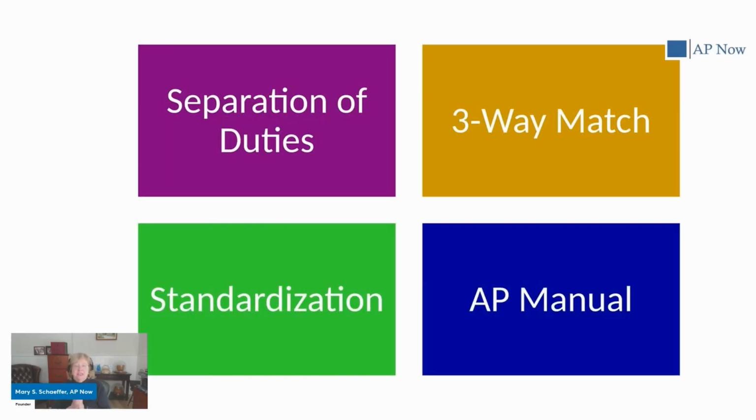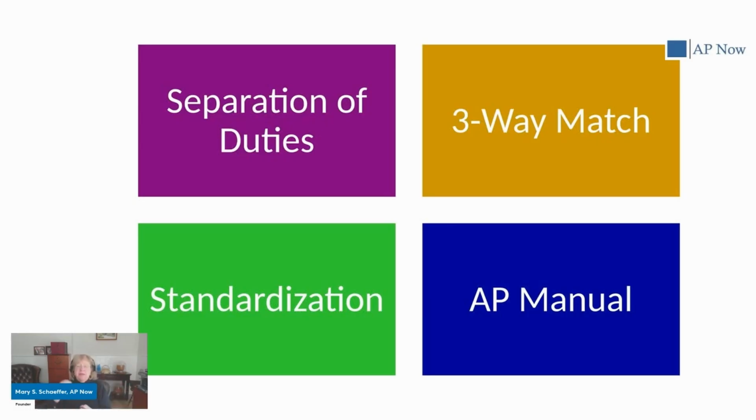Okay, the next thing that I want to talk about, the next building block, is your AP manual. Now, we talked about standardized instructions, and these standardized instructions should be put in your accounts payable policy and procedures manual. And that manual, by the way, should be shared with everyone. And this is the important thing, it should be updated anytime you make a little change. Too often people put a lot of work into setting up their accounts payable policy and procedures manual, and they have it perfect, and then they forget about it.